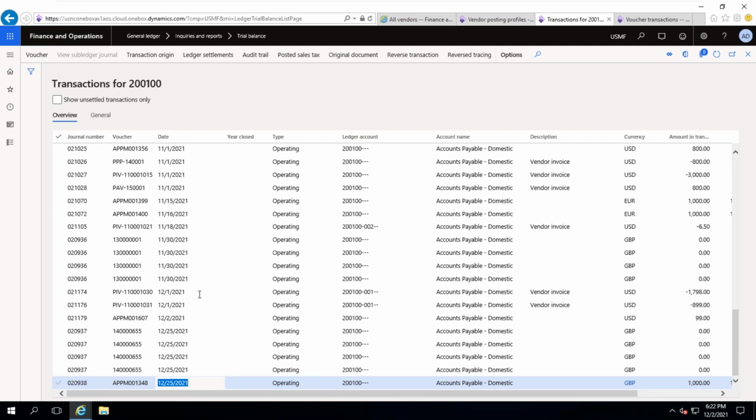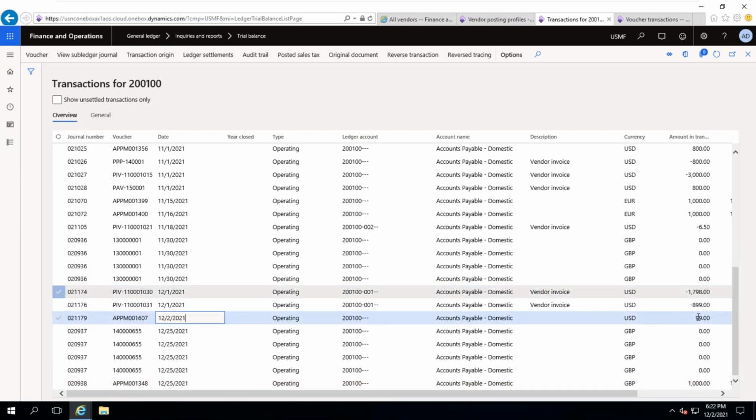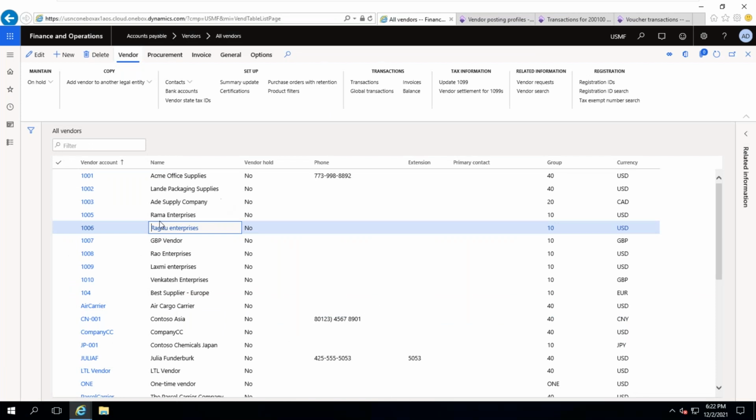See, look at this one. It was posted 99. The same 99 is available in the vendors also. If you go to the vendor and click on transactions, it will show you 99. So it was posted to vendor account as well as vendor summary, both.